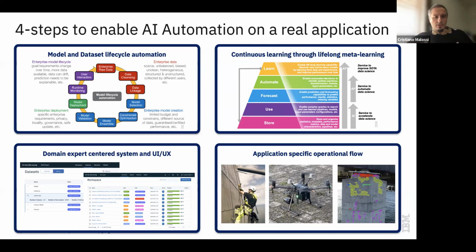There is, of course, creating a model or tuning a model from existing ones. Maybe you want to slightly modify an existing model, or maybe you want to create a completely new model. You have constraints that come from the problem you're solving, and you need, of course, to validate on the test cases that are provided. Plus, you have the whole part on deployment and interaction once the model is deployed.